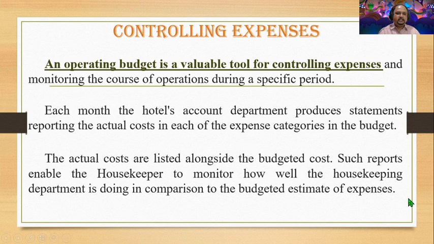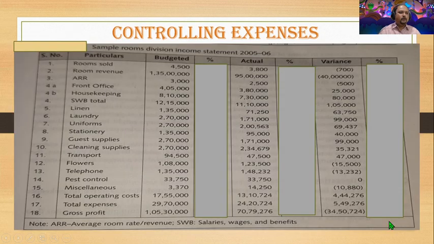This format has been taken from Hotel Housekeeping Operations and Management book, which is published by Oxford University Press. Here you can see for controlling expenses, this is a sample room division income statement, and it is for 2005-6. It is just a sample. So you can see the particulars are listed, and then the budget, the budgeted amount, the forecasted expenses can be mentioned here.